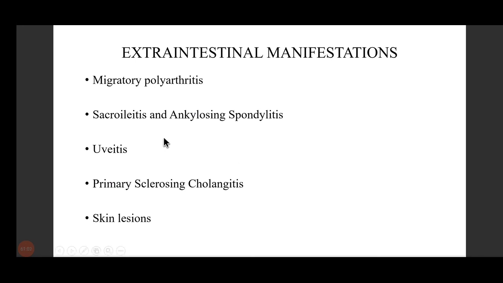Okay, extraintestinal manifestations. These are usually associated with other autoimmune conditions also, like migratory polyarthritis, sacroiliitis, and ankylosing spondylitis. Which HLA is associated with ankylosing spondylitis? Very commonly asked in NEET PG. Anybody who can answer?